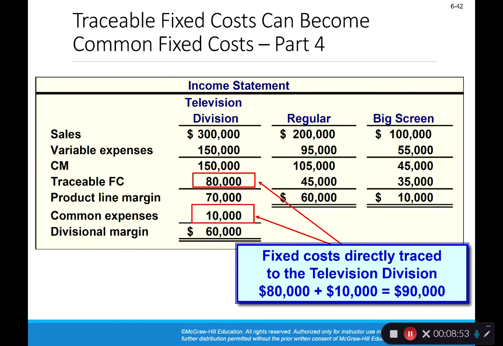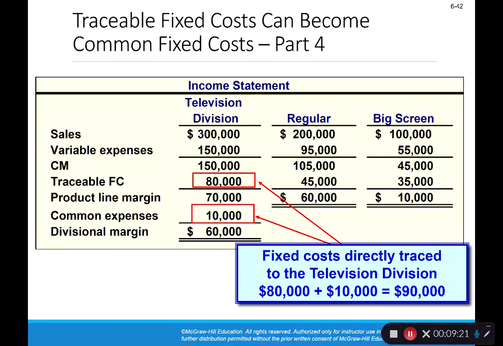But the point of this slide is just to make a point that what was once a traceable fixed cost, $90,000 for the television division, was all traceable. Only $80,000 of it is traceable to its various product lines, regular and big screen. $10,000 of it is a common fixed cost for the television division itself. So visualize the 10 grand as, say, the manager of the television division.